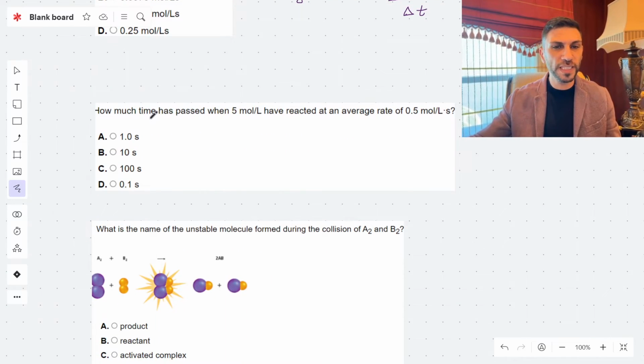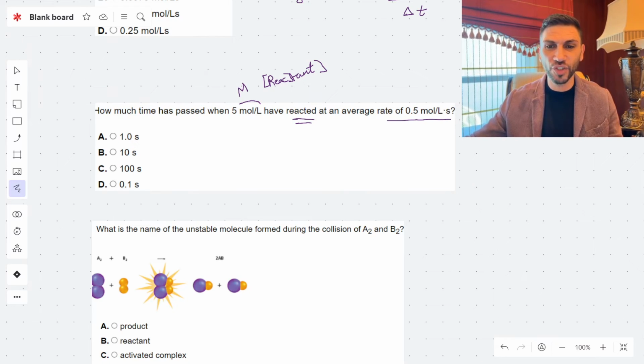This question, for example: how much time has passed when 5 moles per liter, as you know, mole per liter is the molarity, that means the concentration of the reactant, have reacted, at the average rate of 0.5 mole per liter second? This is the average rate.